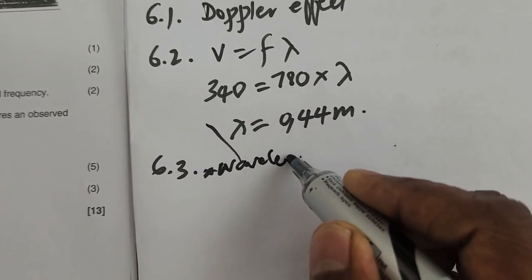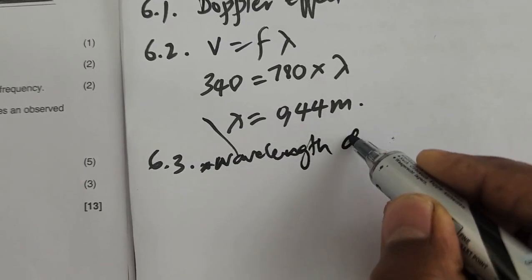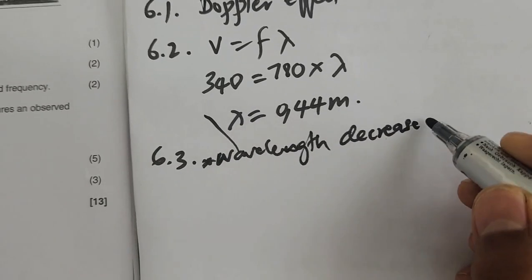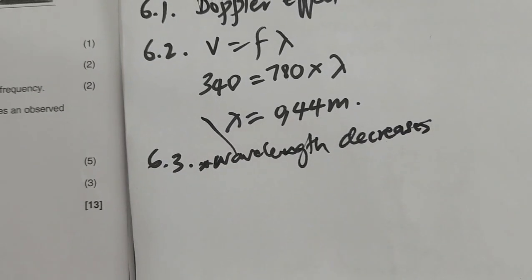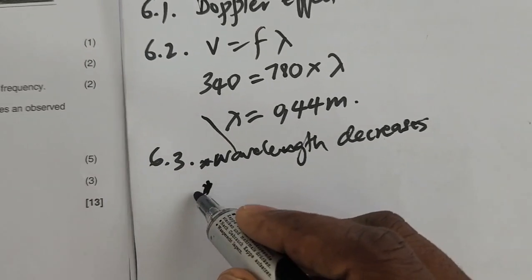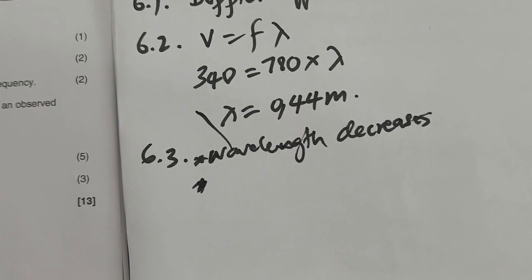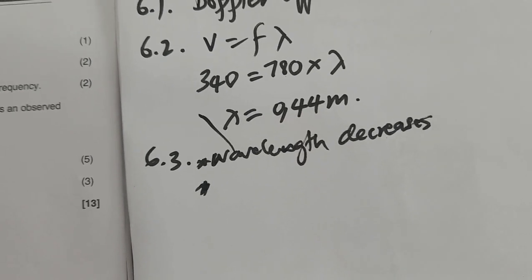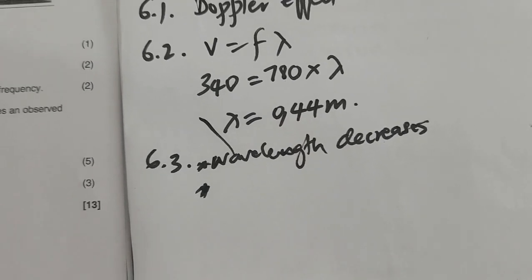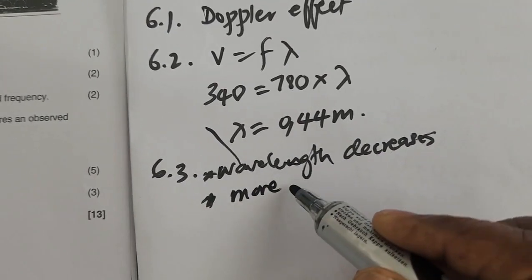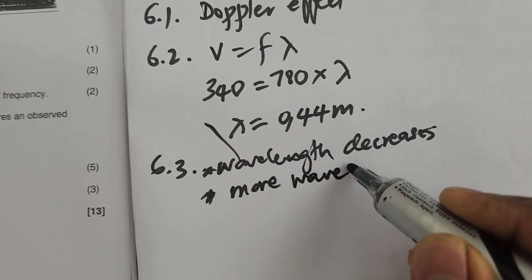Wavelength decreases when the motion is towards. And the second point will be about what happens to the number of waves per second when the motion is towards. Because the frequency is higher, more waves are approaching.